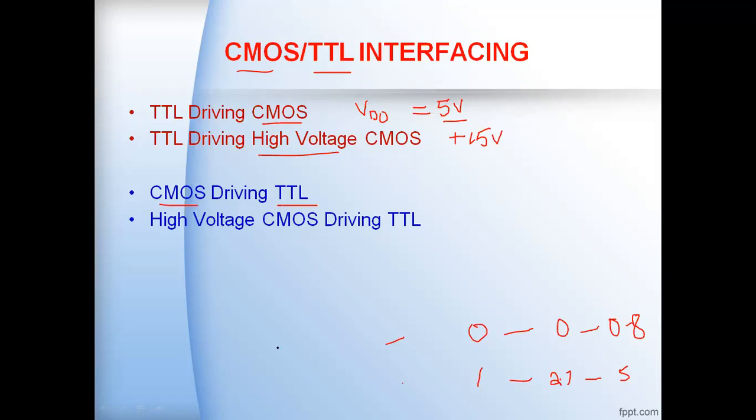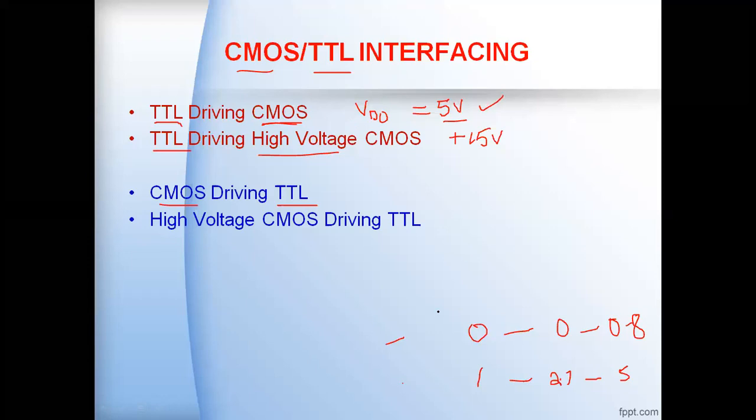So that's why here we have again two cases. That is the TTL outputs driving the normal CMOS inputs, and the TTL outputs driving the high voltage CMOS gates, or the high voltage CMOS inputs. So in the normal CMOS, the operating voltage is 5 volts.